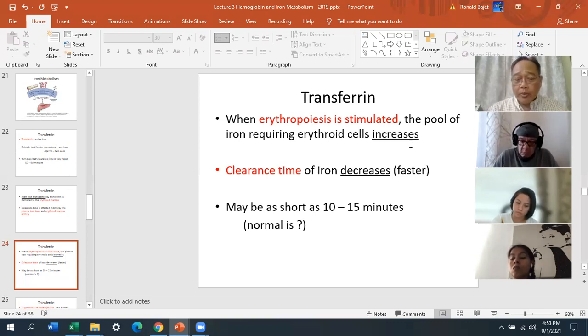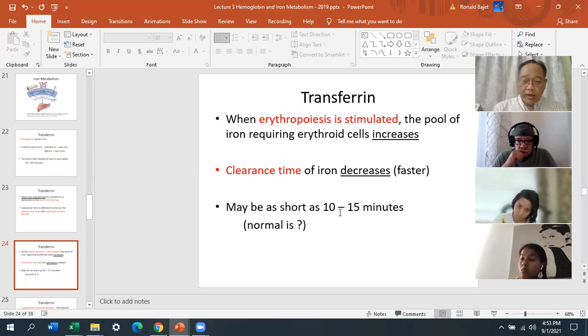When erythropoiesis is stimulated because you have been in an accident or stabbed or shot, you need to make more blood. Your turnover is no longer 60 to 90 minutes, but it may be as short as 10 to 15 minutes.